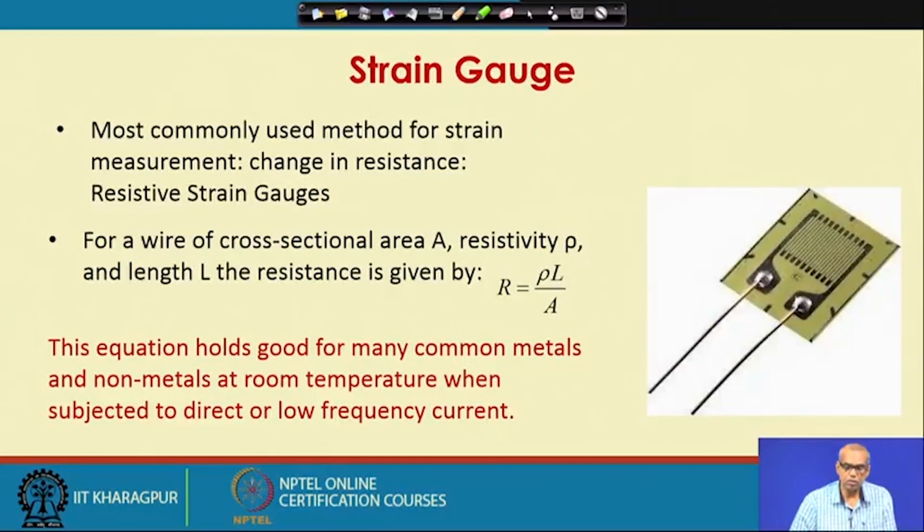But the most common method for strain measurement is the electrical method, and most commonly we use change in resistance to measure strain. And the transducer that we use most commonly is known as resistive strain gauge.